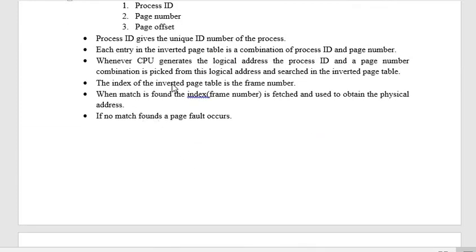Now the index of the inverted page table is the frame number. So it's the inversion of the normal page table. In the normal page table, the content was the frame number and the page number was the index. But here the index is the frame number, and the content is the combination of process ID and page number. That's the inverted page table.